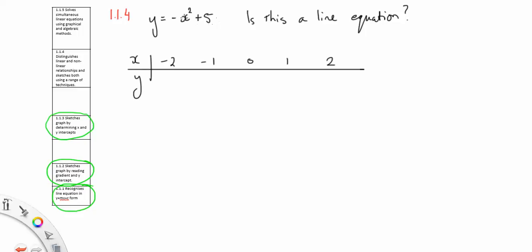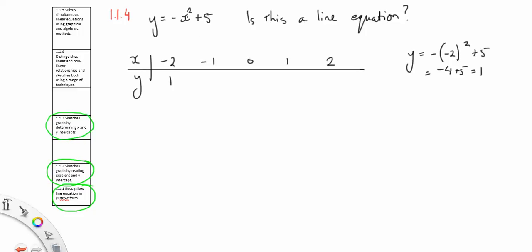Now, subbing in here, be careful. You have negative 2 squared plus 5. That quantity becomes 4, but it's minus 4 plus 5 equals 1. Same for this one.